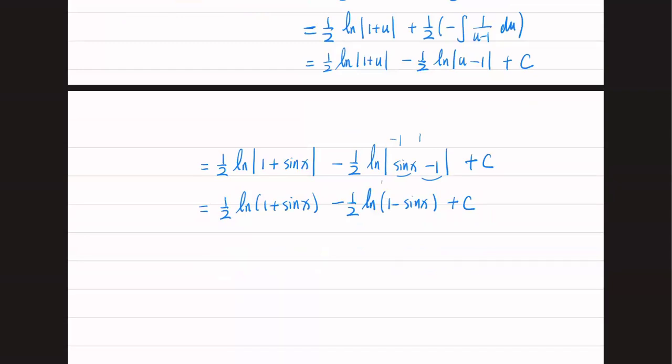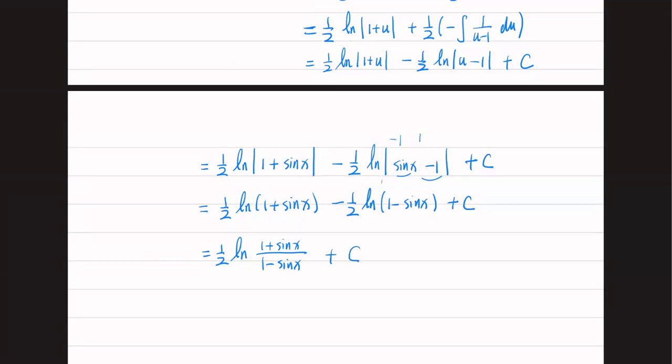So we use the formula for the logarithm. It's 1/2 logarithm of 1 plus sine x over 1 minus sine x, plus C.